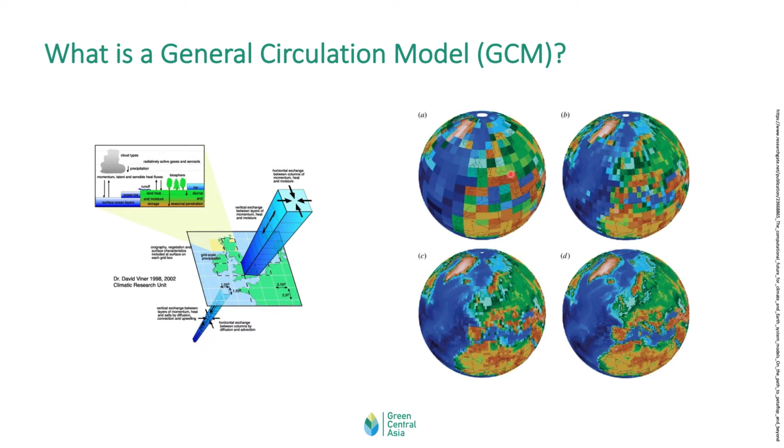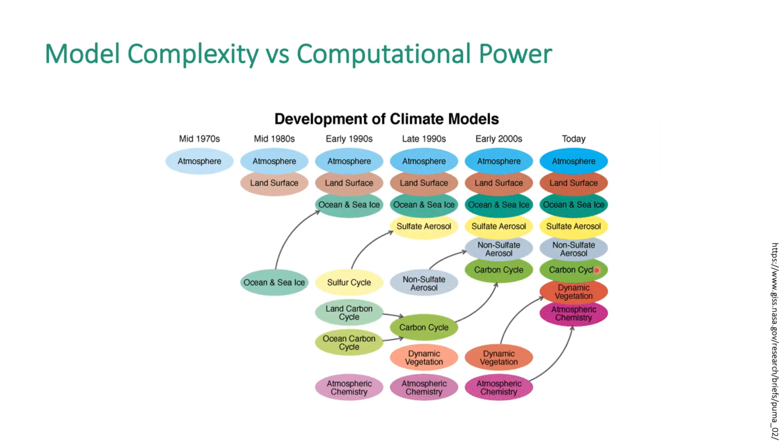If we increase the number of these boxes, then we are able to have more detailed information about the climate system. But the problem is, as we increase the number of boxes, or the resolution of the model, we need more computational power. So there is a trade-off between the complexity and the detailed information that we could get from general circulation models.